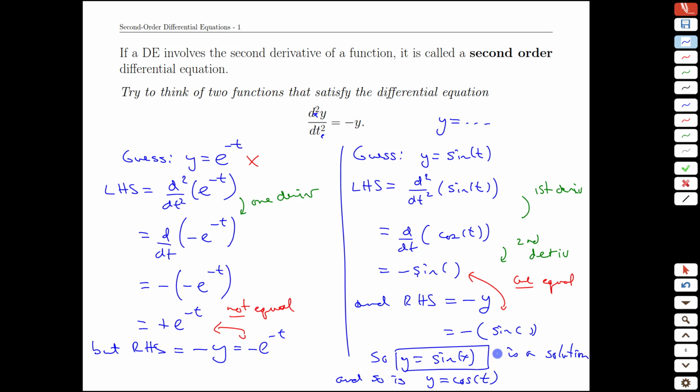Cos of t would satisfy the same equation. If we put cos of t, differentiate it twice, we're going to get negative cos of t, which is exactly equal to the right-hand side of negative cos of t as well. So in this scenario, we end up with two functions that satisfy the differential equation, sine and cos of t.